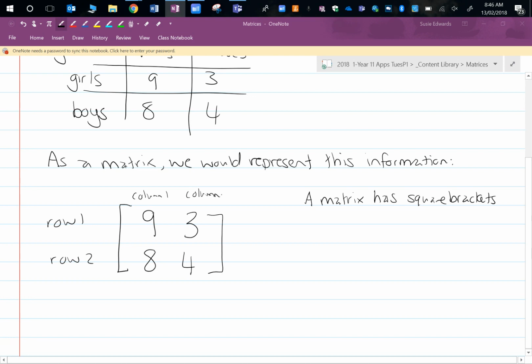Now, you wouldn't ever label these like that, you would more likely write girls, boys, wins, losses if you were going to give them a label at all, but I'm just trying to show you row, column, okay? You need to know the difference between rows and columns, or this is just going to get really confusing for you. But what you need to think about is that the rows always come first. If you always think about the rows going first and then the columns, we go across and then up and down, most things will be pretty easy for you, okay?